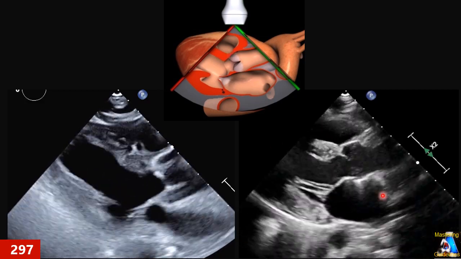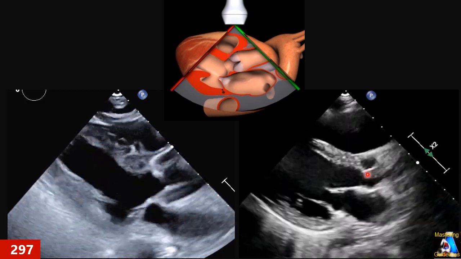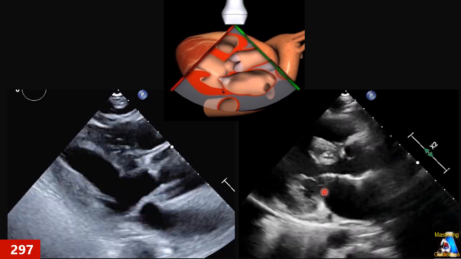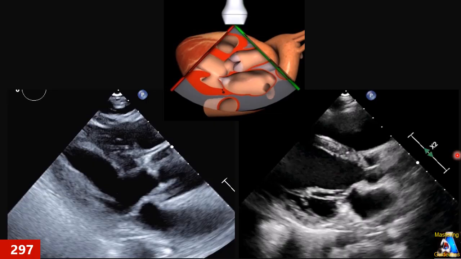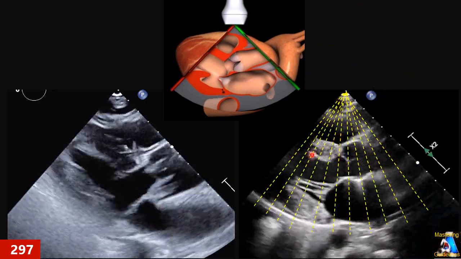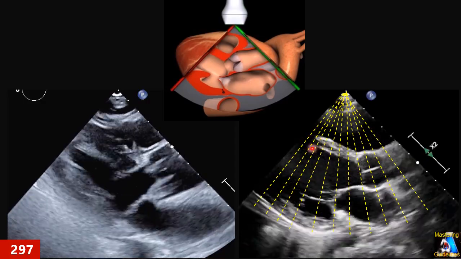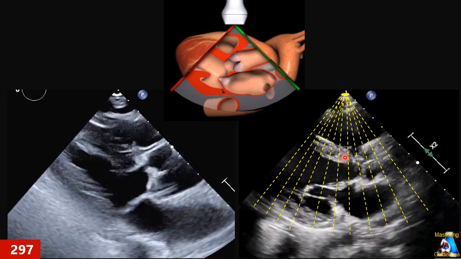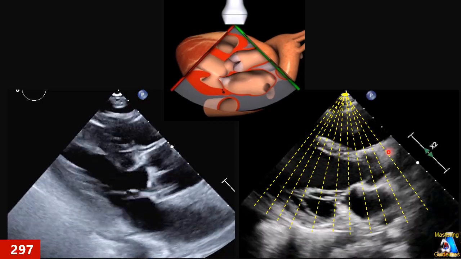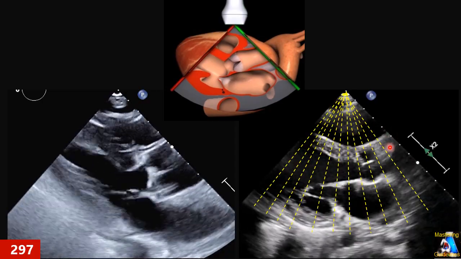For example, in this case, we tried, but the best window we had is this one. If we draw the sector, you can see at this level it is perpendicular, but here it is a little off axis, but the aorta is perpendicular.